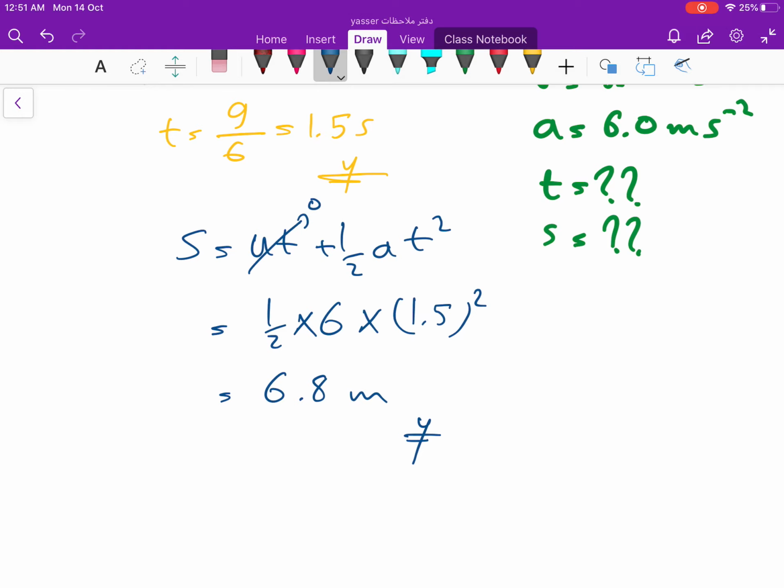Okay, we are going to solve past papers later, so I'm going to stop solving, but we applied this for the movement of an object with uniform acceleration. I want to explain something here.